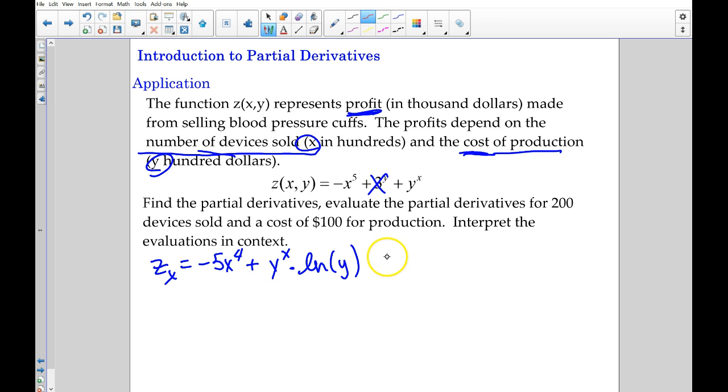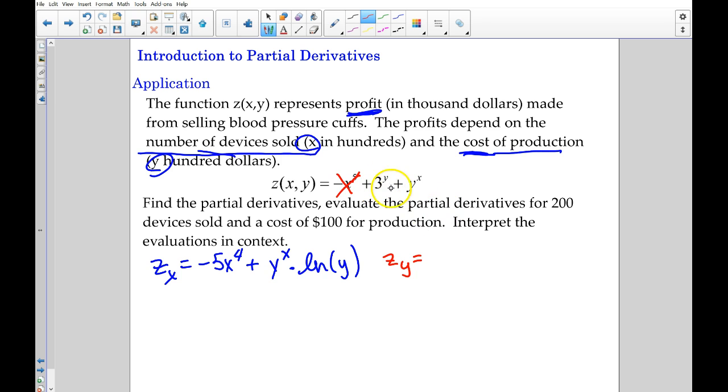Now, in the case of z sub y, this is the partial of z with respect to y. This term drops off because x is treated as a constant.